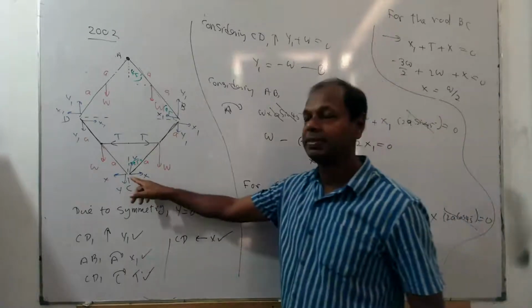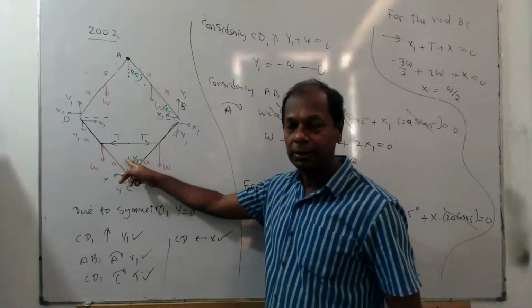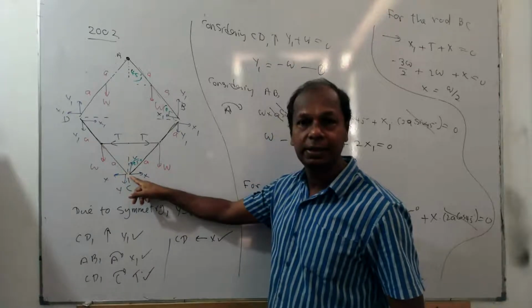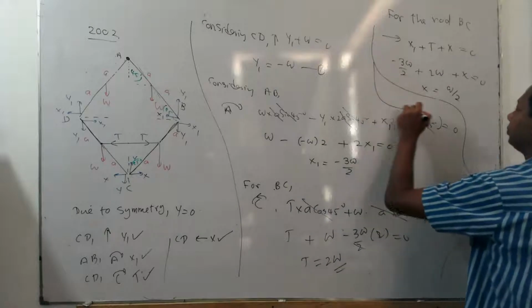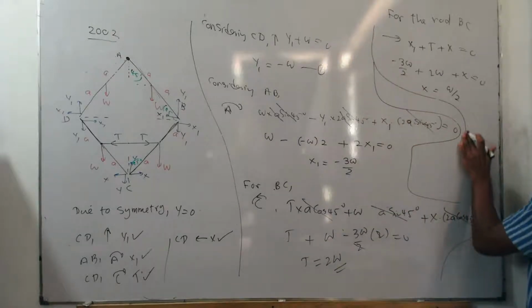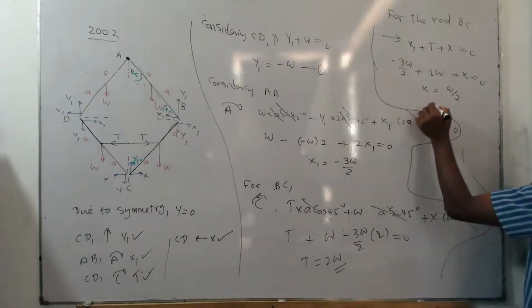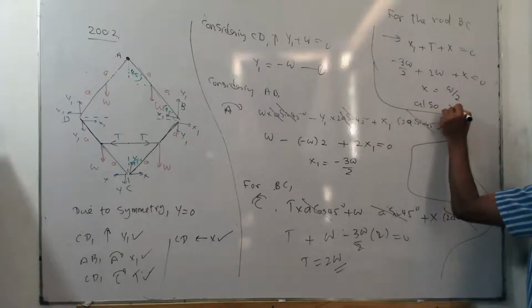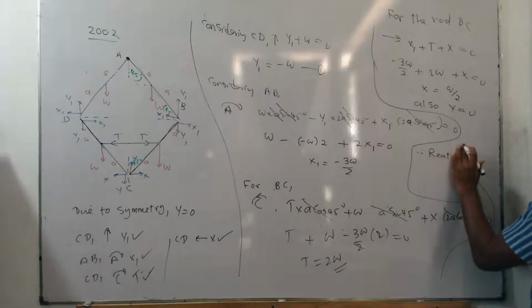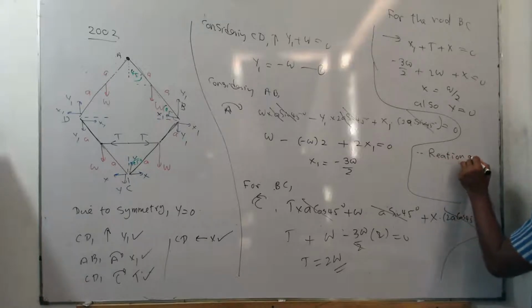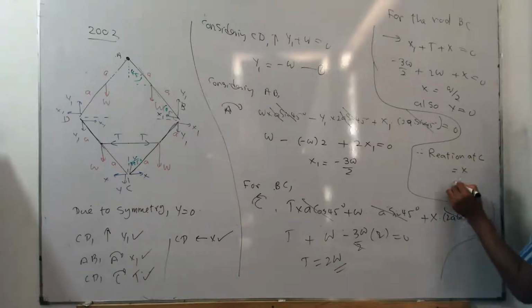So the reaction at C, since y is 0, is equal to X. Therefore, the reaction at C is equal to X, which is W over 2 horizontally.